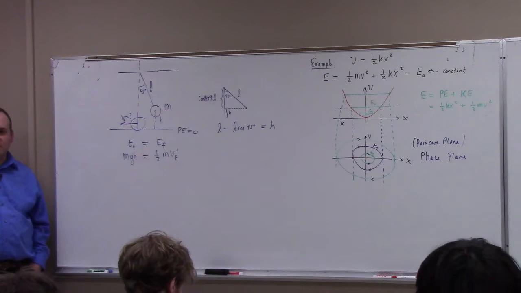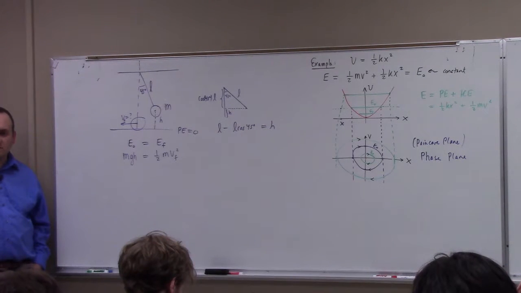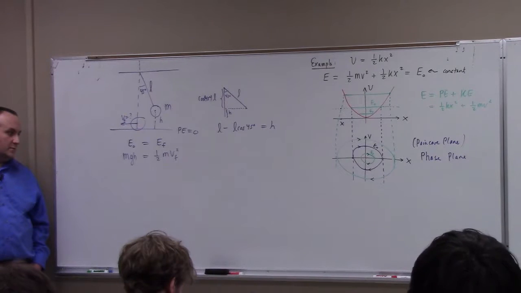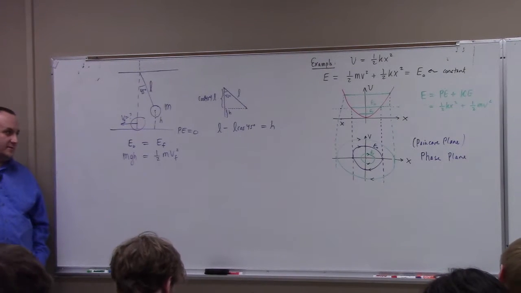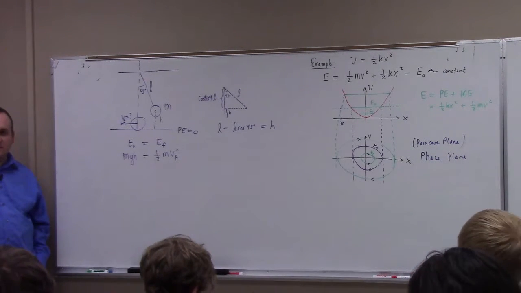Now you can put the numbers in that you have and work it out, right? Because you know the angle, you know the L, and you just get to figure out the v.